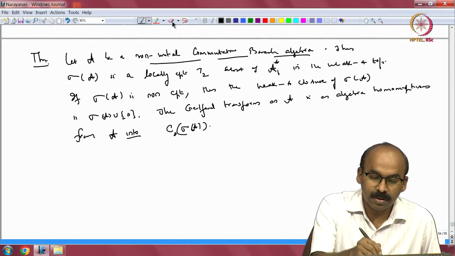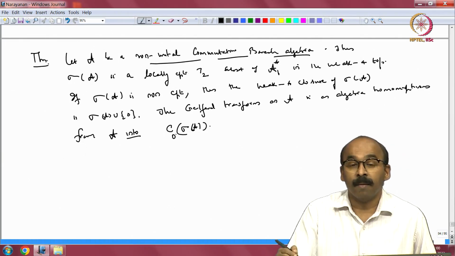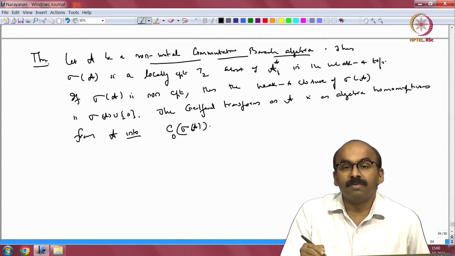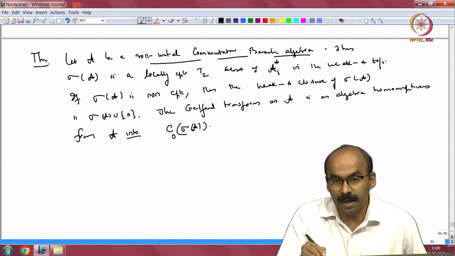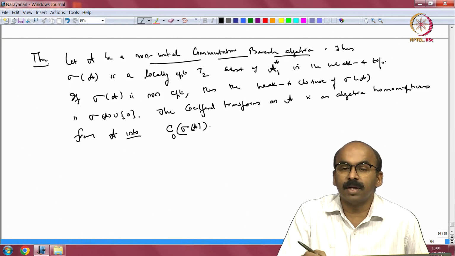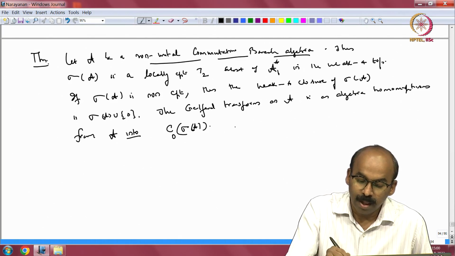So, C0 is important there because we have a non-unital Banach algebra, and it is into, as we have seen in the case of unital as well. We will see that it becomes an isometric isomorphism for a C-star algebra, right. That is what happened in the unital case also.